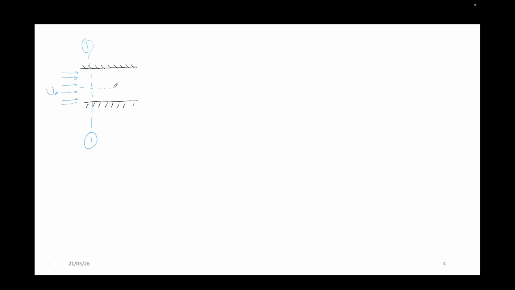Say this is the central line here. So what will happen? In the central line, the velocity is maximum, and it will gradually reduce as you move toward the wall. Similar is the thing on both sides of the wall.